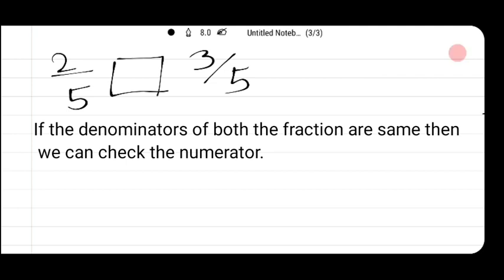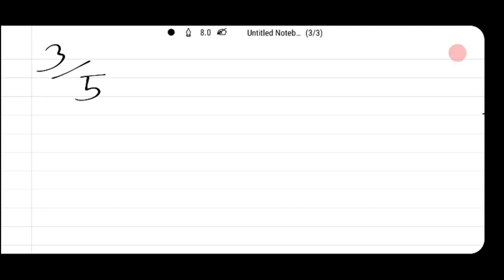That means we can compare the numerators, which is the lesser number and which is the greater. Here the denominators are the same, that is 5, so we can compare 2 and 3. 3 is more than 2, so 3 upon 5 is greater, or 2 upon 5 is less than 3 upon 5.